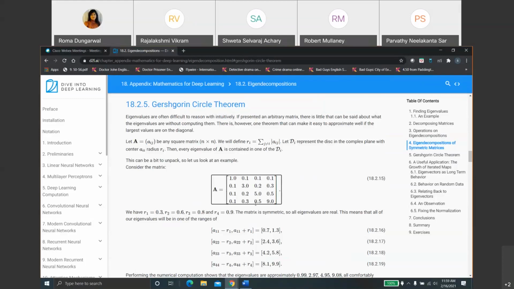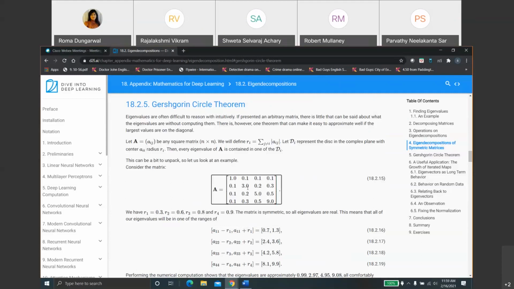So what this theorem states is, every eigenvalue of this matrix A will lie in this range. A11 minus R1 and A11 plus R1 will be the range of your first eigenvalue. What is A11? It is the first diagonal element of your matrix. The second eigenvalue will lie in the range of A22 minus R2 and A22 plus R2.